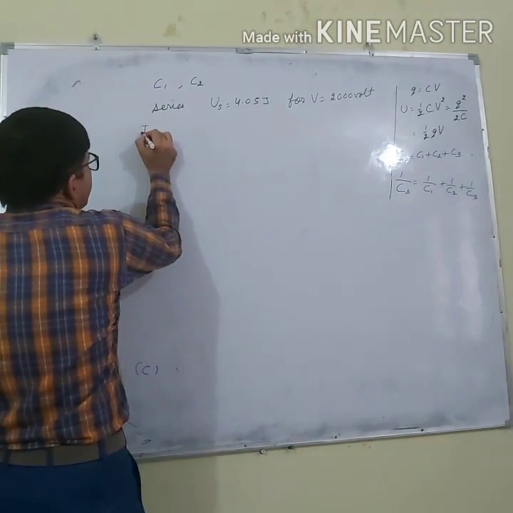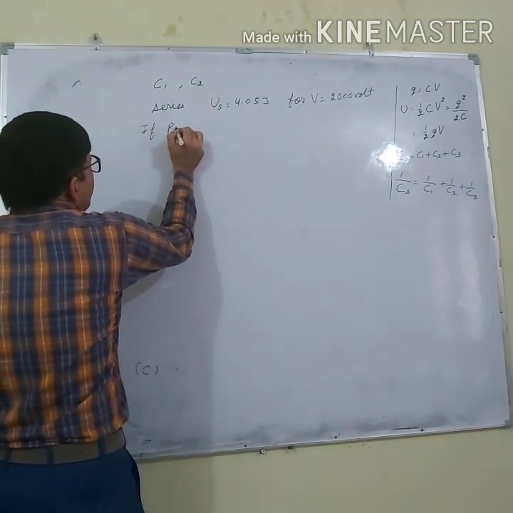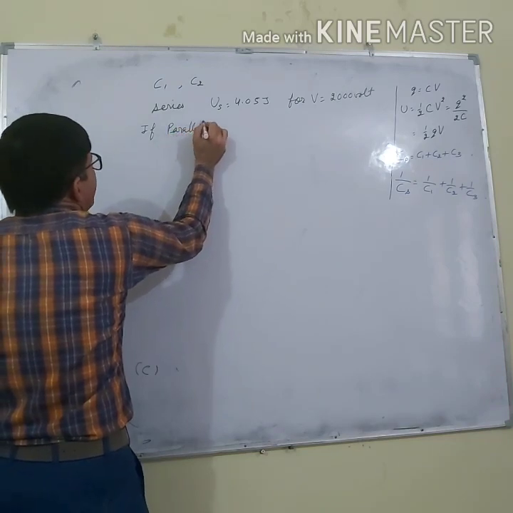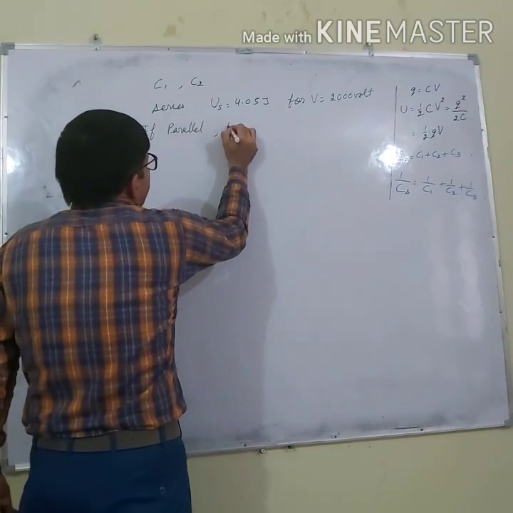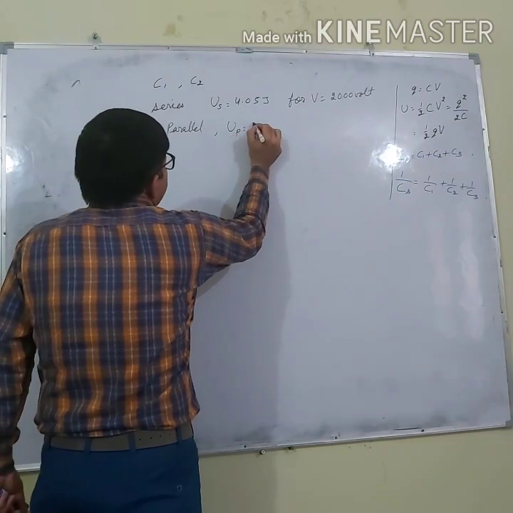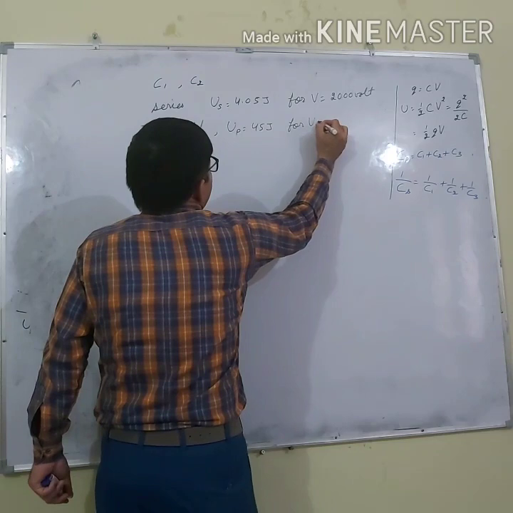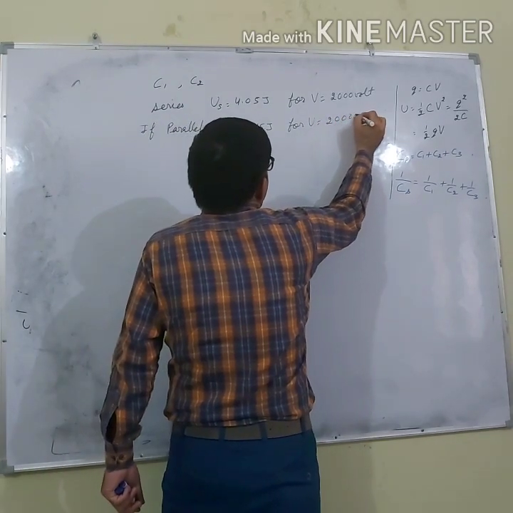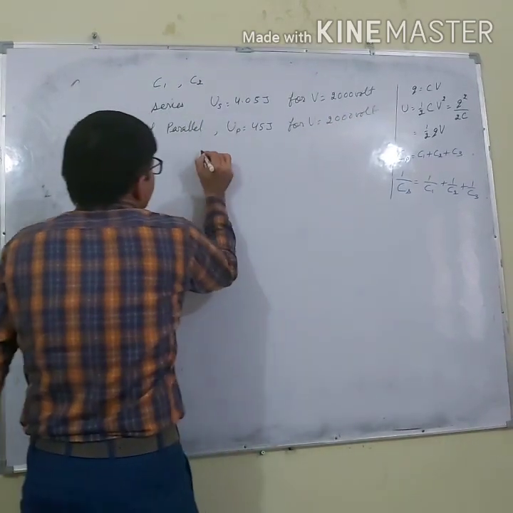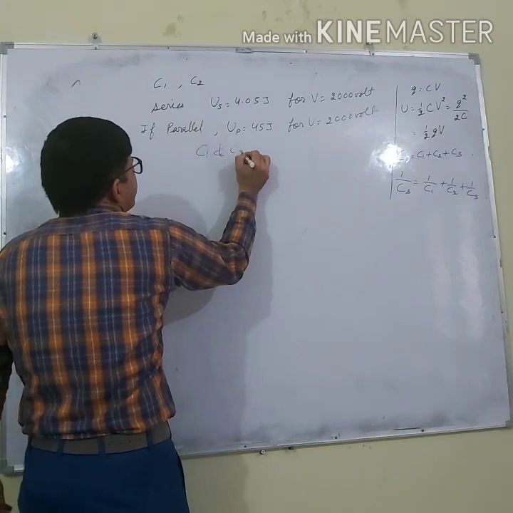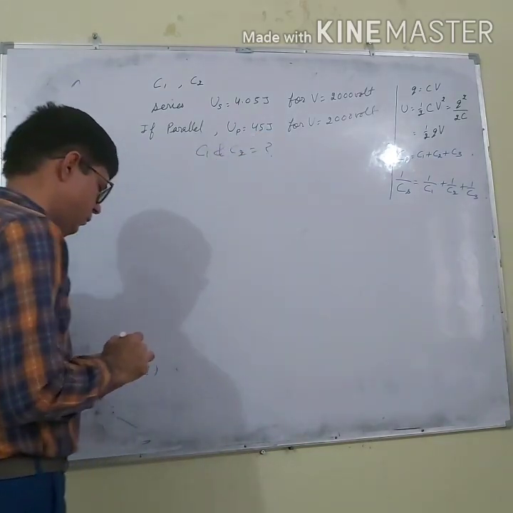If the same capacitors are connected in parallel, the potential energy is 45 joule, again for 2000 volt. The question is, calculate C1 and C2.